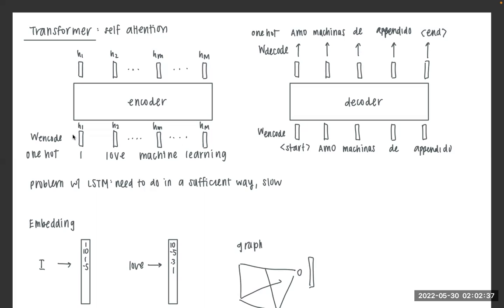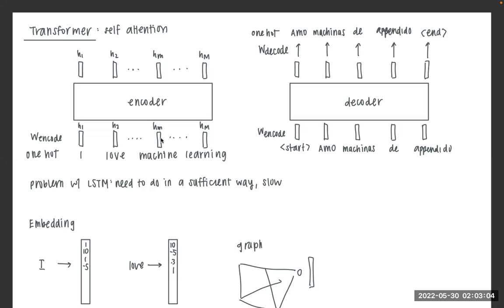The message has to pass in this sequential way. So this is quite a limiting factor. Therefore, in the paper Attention Is All You Need, those authors developed this self-attention mechanism so that each vector can pay attention to any other vector and collect information and messages in order to update itself.